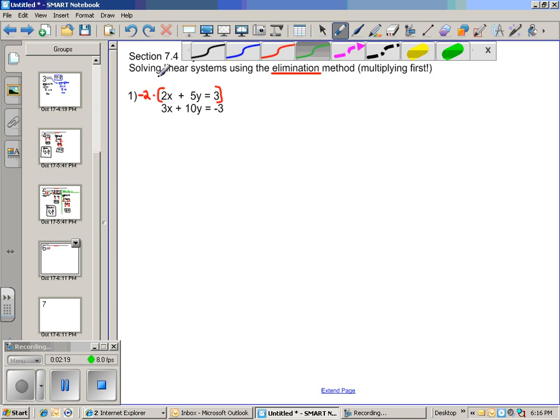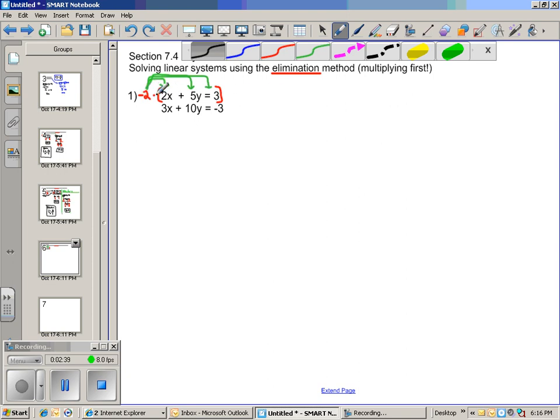Now, think of this as the distributive property. Everything inside our parentheses is going to be multiplied by a negative 2. So it's going to change the top equation into an equivalent statement.